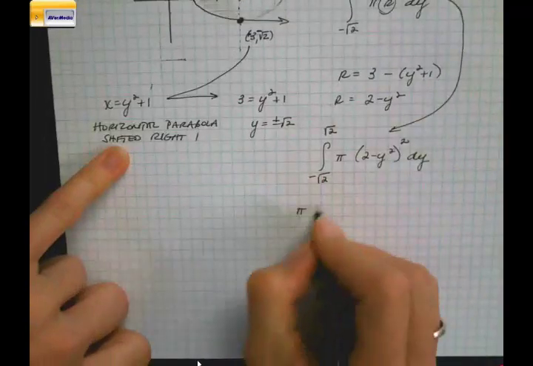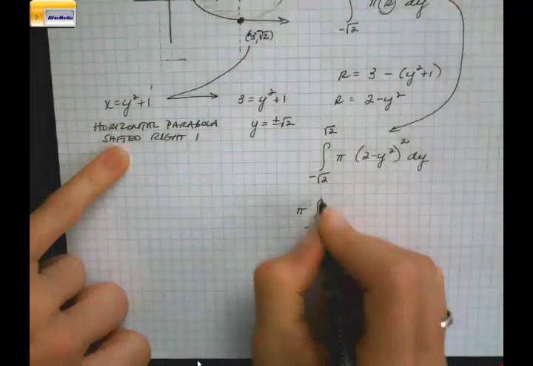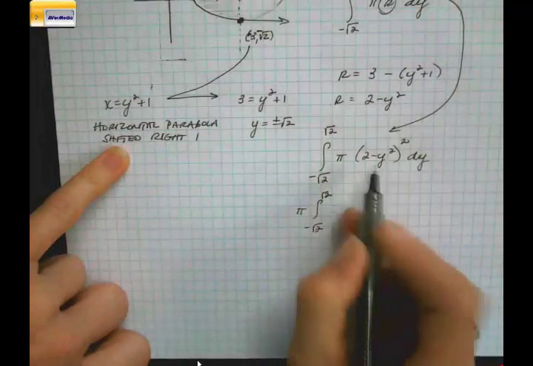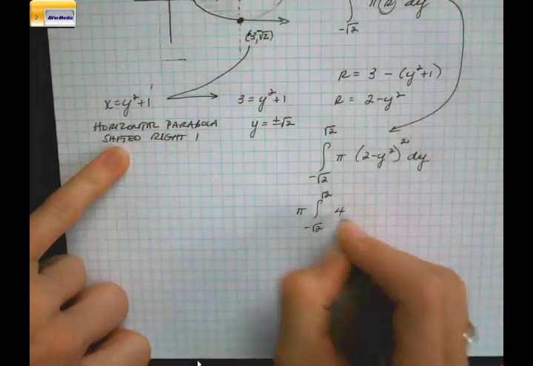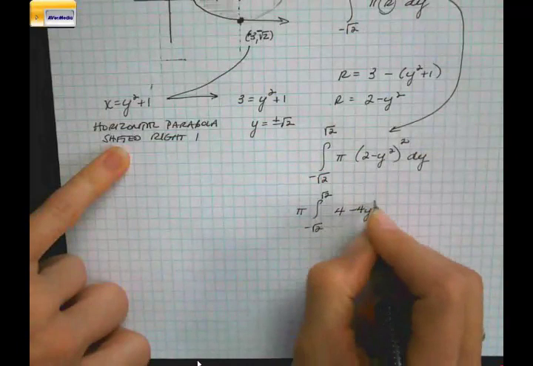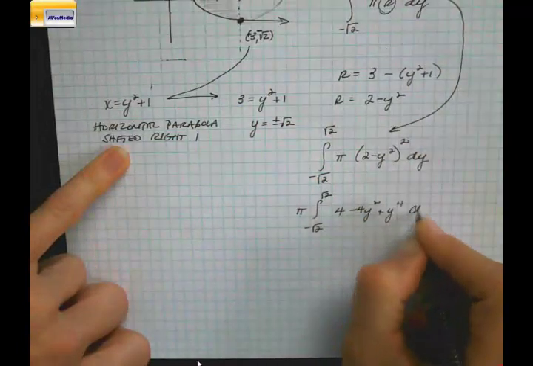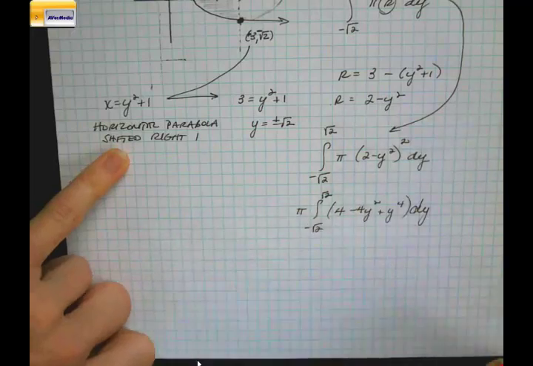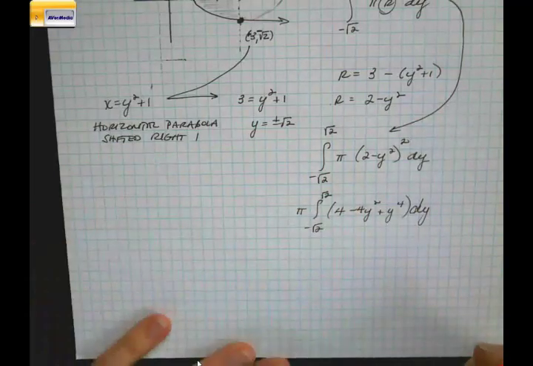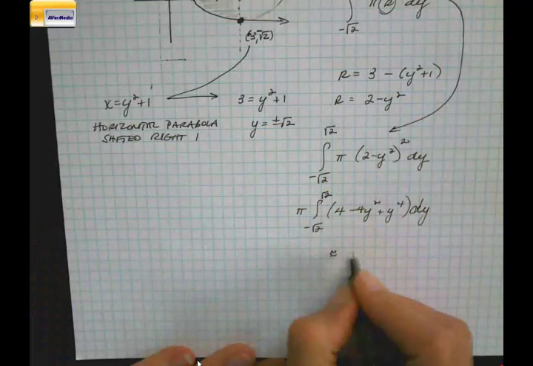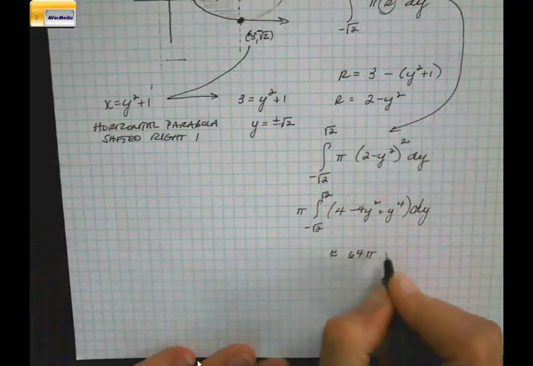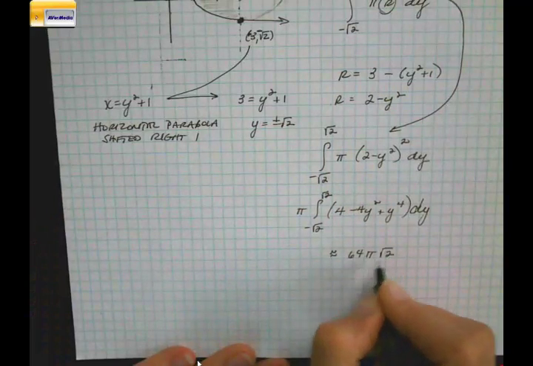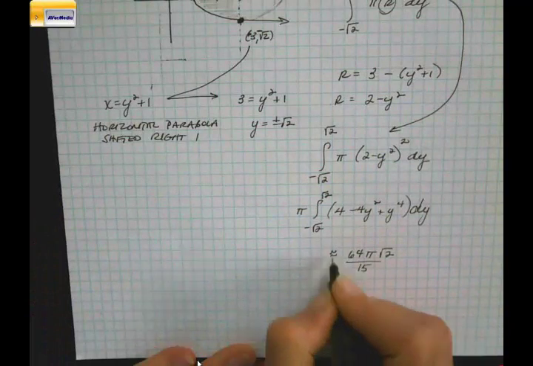And when you integrate this, you can pull the pi out front. And when you expand this binomial, it'll be 4 minus 4y squared plus y to the 4th dy. And then this will end up equaling 64 pi times the square root of 2 over 15. I should have put approximately.